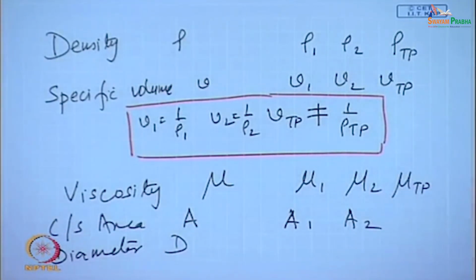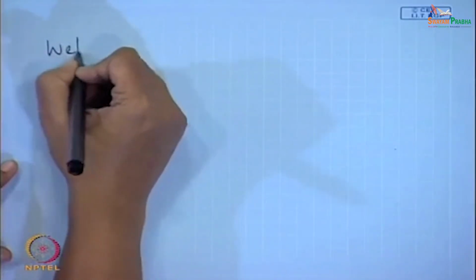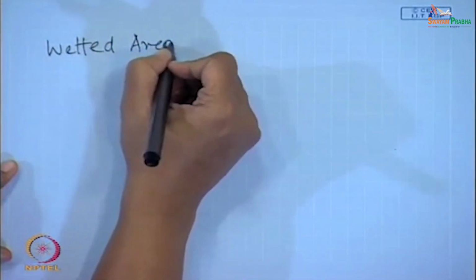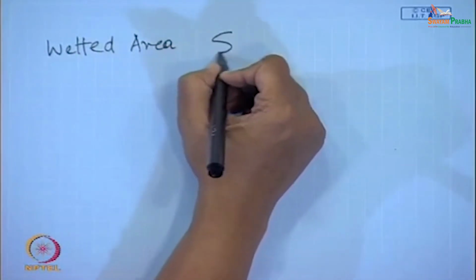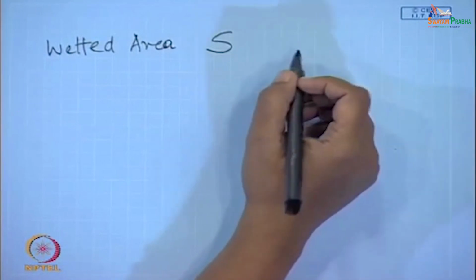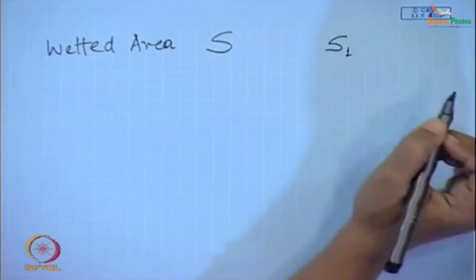Well, after the cross sectional area, we have the wetted area, or the wetted perimeter, as you say. Usually, you can denote it as P, but I prefer to denote it as S. In this particular case, for two phase flow situations, we will have an S1.